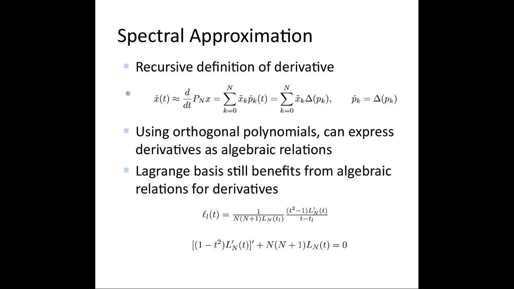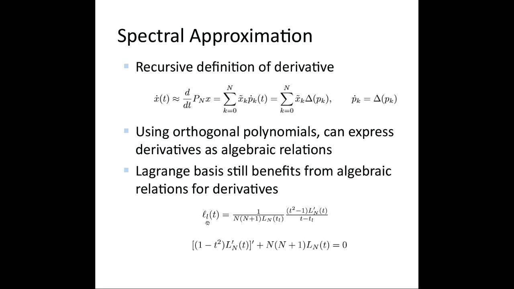So what this allows us to do is to recursively define the derivative as follows. And using orthogonal polynomials, we can express derivatives of polynomial interpolant functions as algebraic relations. Now, the Lagrange basis still benefits from algebraic relations for derivatives.